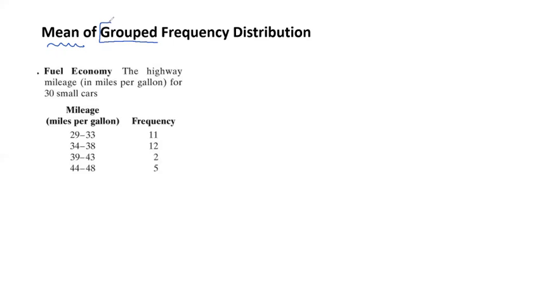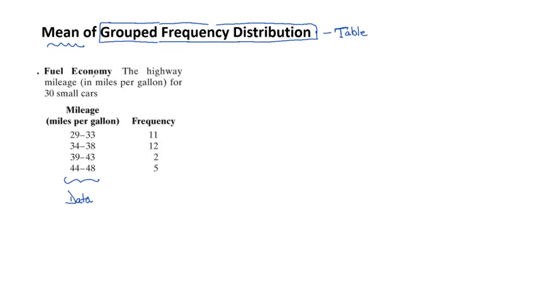And if you do recall, a grouped frequency distribution is actually a table which is based on classes and frequencies. And this is what you see right here, the table. These are the classes. Keep in mind, this is where data are, and this is the frequency.